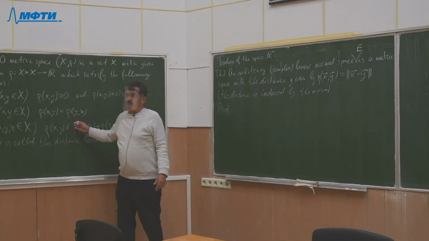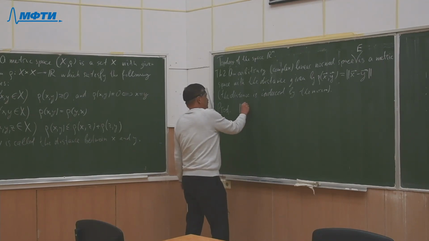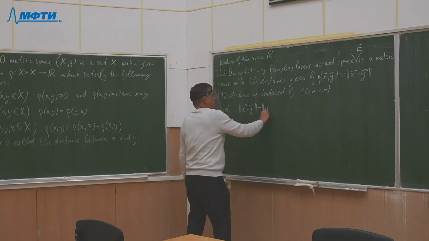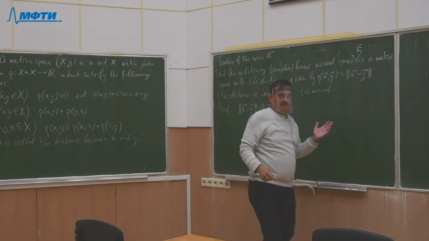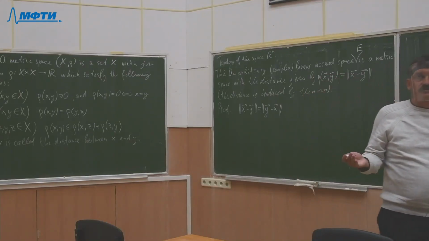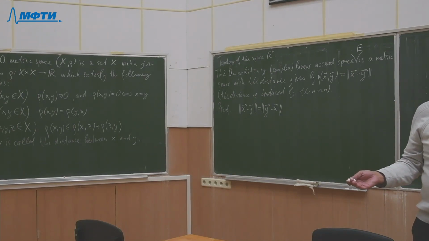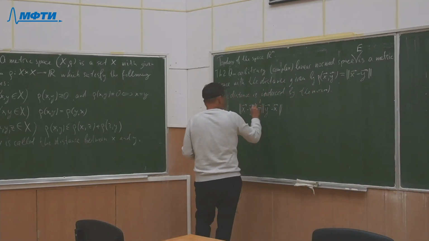Then the second property follows from norm of x minus y equals to norm of y minus x, right? Because what is the difference between those two elements? Minus times, right? And remember property of norm. Why is it?